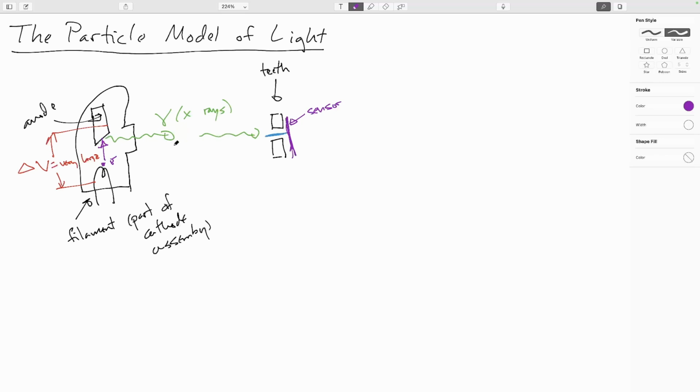Each individual X-ray photon is very energetic, and these individual photons will interact, in this case, with some part of the tooth, and if they interact, they'll get absorbed or scattered or whatever, but won't make it to the sensor. Or if they don't interact, then they pass through.